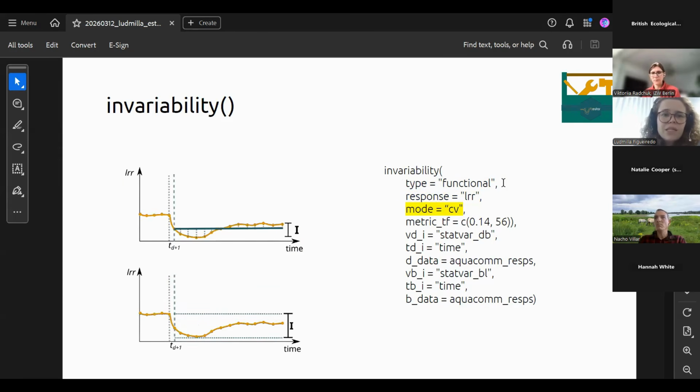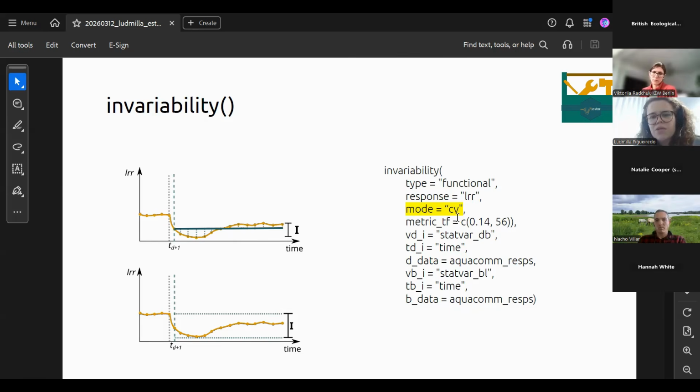For invariability, there is a special argument called the mode, in which you define yet another variant of invariability, where you can choose to measure invariability as the amount of residuals in a linear model that you fit to your data, or it can be the coefficient of variation of your data after disturbance happens.